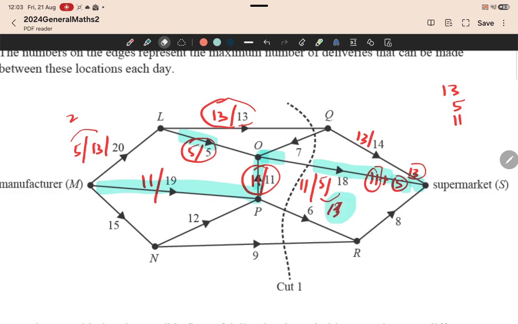The capacity that can still be accommodated along these edges is 8 over here, and this is 11 plus 5 is 16, so 2 over here. So let's forget about this edge, and we will now look at another edge.